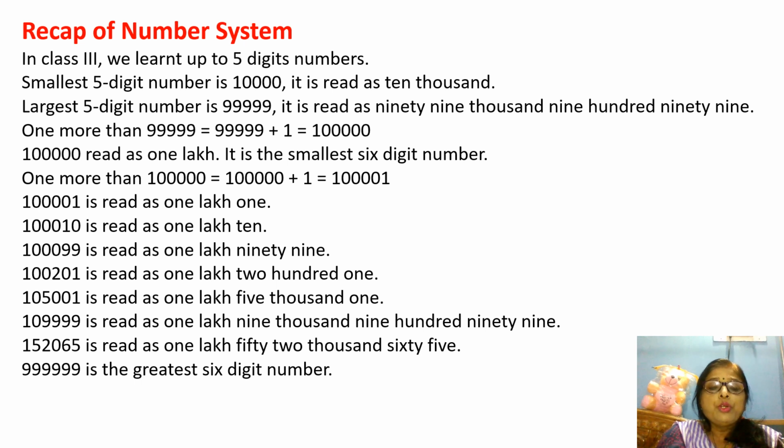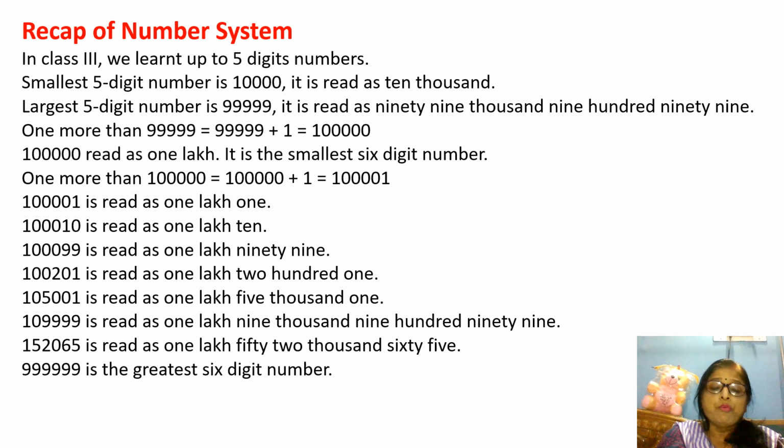In this way, you can write here 1 lakh 10, 1 lakh 99, 1 lakh 201, 1 lakh 5,001, 1 lakh 9,999, 1 lakh 52,065 and 9 lakh 99,999 is the greatest 6-digit number.